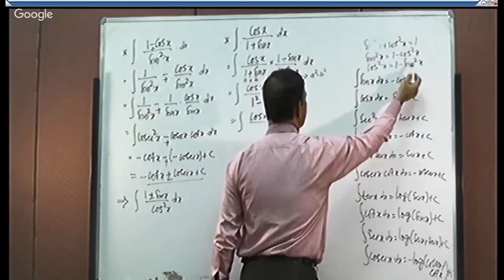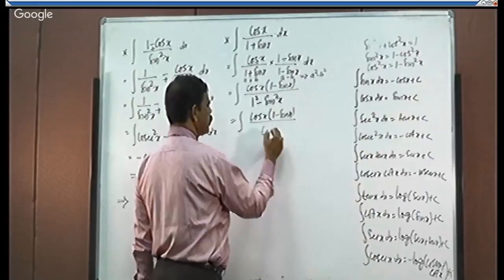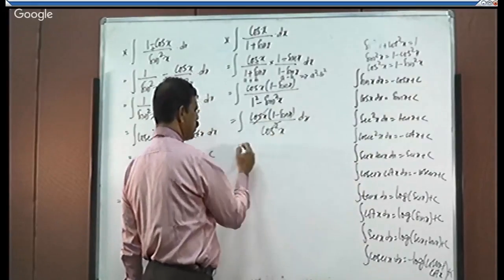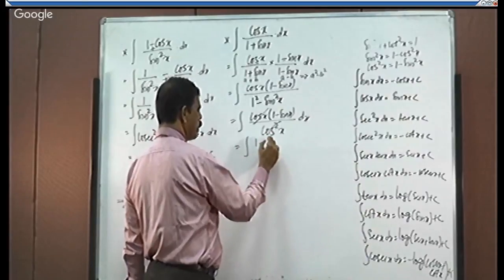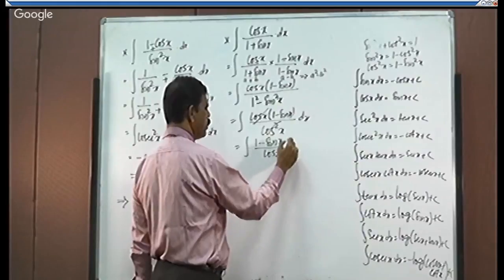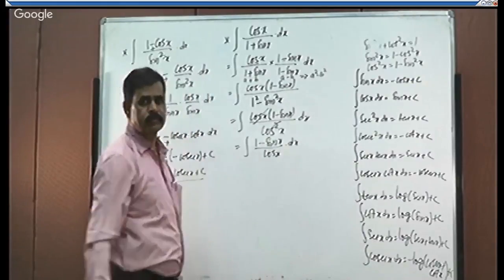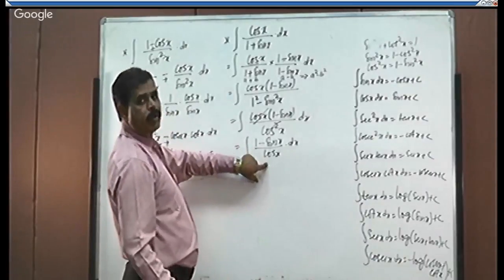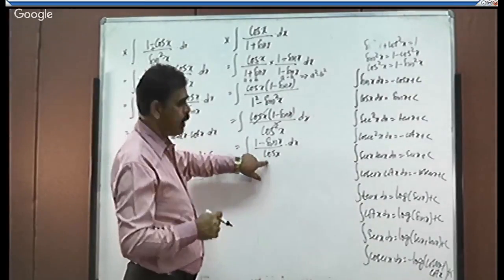According to this, 1 minus sin square x is cos square x, right? Cos x cancels. What is remaining? 1 minus sin x by cos x into dx. Okay? 1 minus sin x divided by cos x.